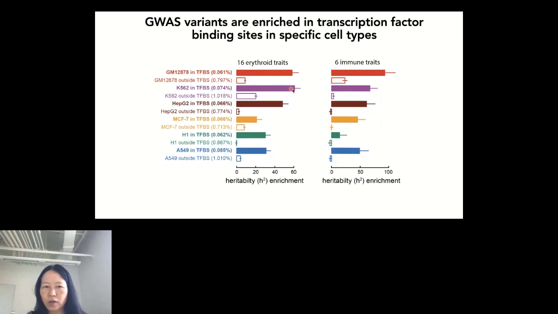So this bar shows that the sites bound by transcription factors in K562 cell lines show the strongest enrichment, while for the immune traits, the sites bound by transcription factors in GM12878, which is a lymphoblastoid cell line, show the strongest enrichment, more enriched than the non-hematopoietic cell types at the bottom. These ones all show less enrichment.